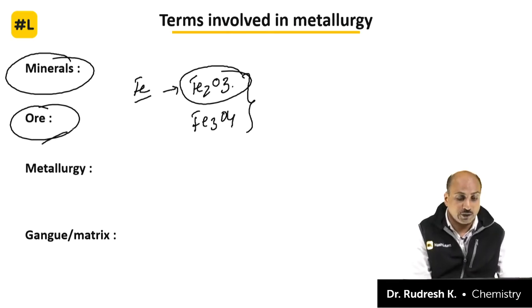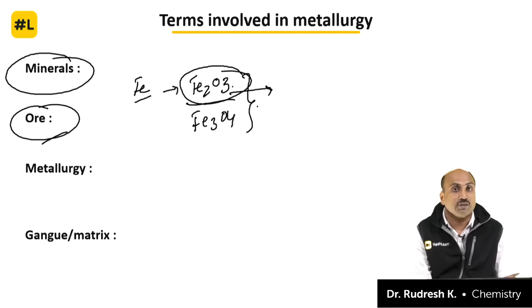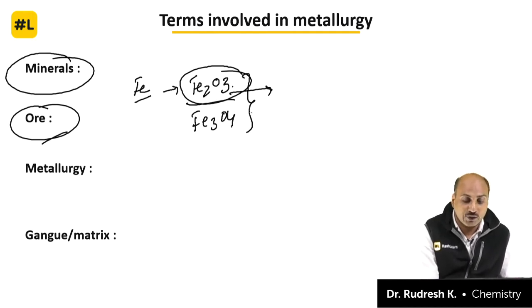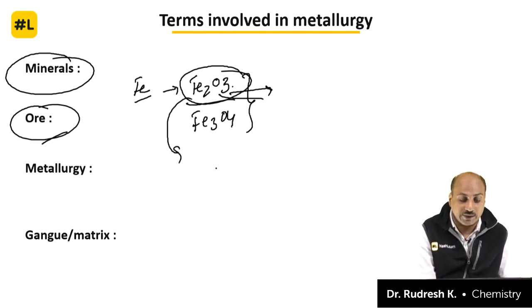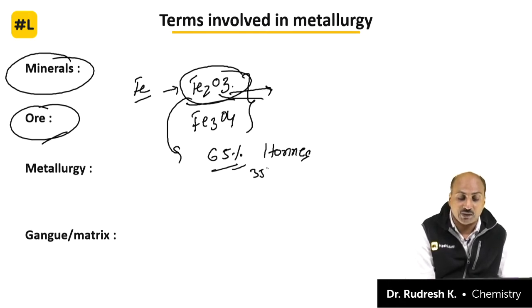When we take Fe3O4, that is called magnetite, from which iron can be extracted, though in a poorer way. In India, we find 2 places: one is Kudremukh, and another is the Ballari iron ore. Magnetite and hematite both exist, but if I use the first one, hematite, you are able to get around 65% iron. If I use 1 ton of iron ore, we get about 65%, which means 35% is only wastage.